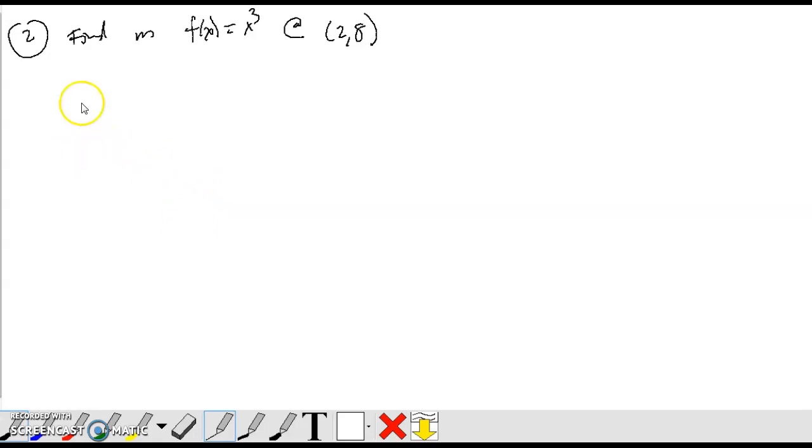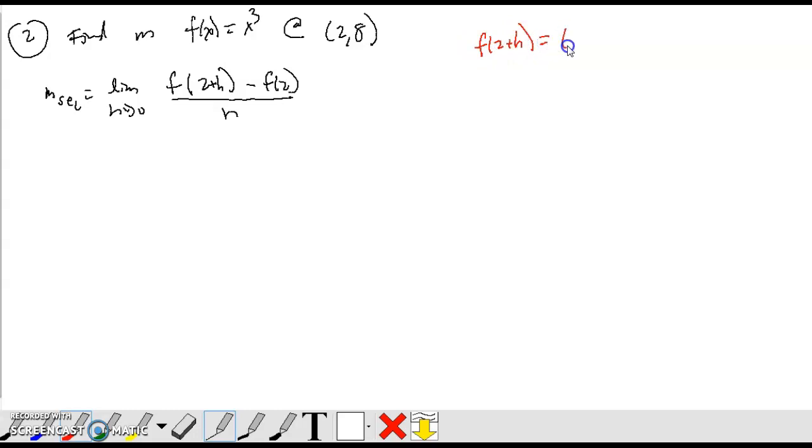Okay, so if you're coming back from pausing the video, the secant is going to be the limit as h approaches 0 of f of 2 plus h, and then minus f of 2 all over h, right? So this time we have to figure out what is 2 plus h when I plug it into here, cubed.